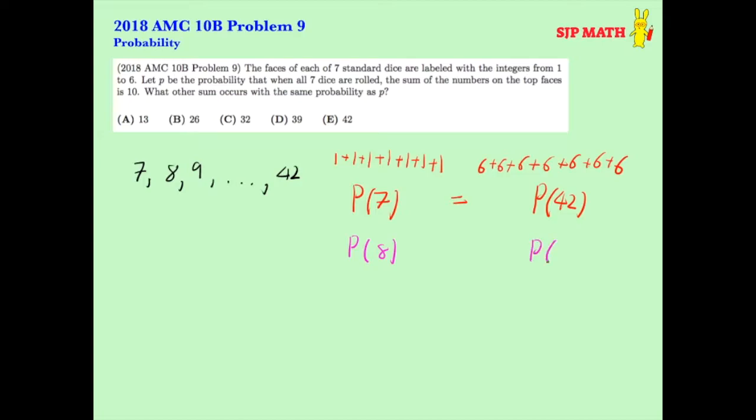The second largest possible sum would be, we can just minus 1 from that. The second largest possible sum will be an assortment like this, but then one of the values will be 1 less. So basically, the second largest possible sum will be 42 minus 1, which is 41. So we have to find a relationship between the probability of getting a sum of 8 and 41.